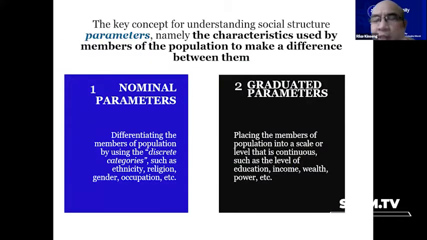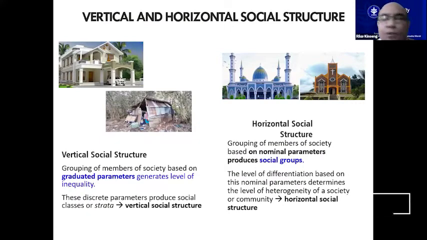While when you use graduated parameters, the result will be a vertical social structure. For example, when you use this to categorize people, then like in this picture, there are some people who are very rich.